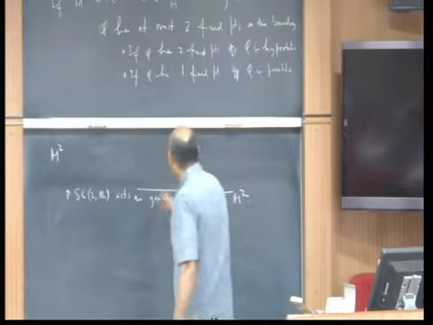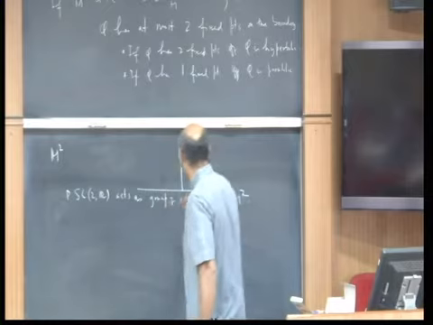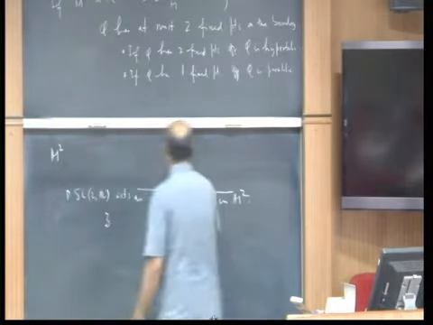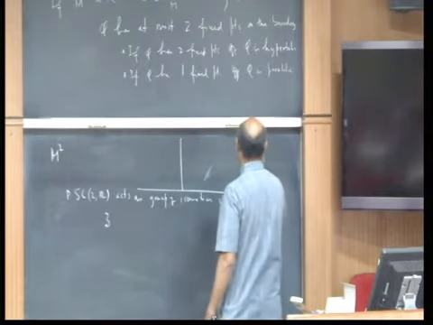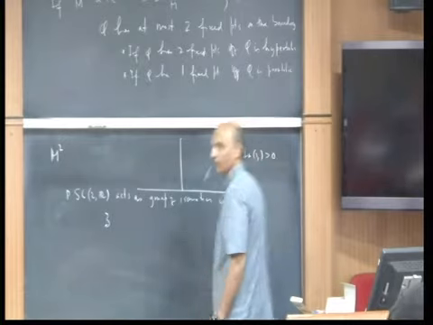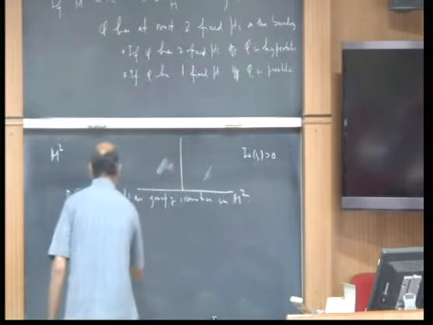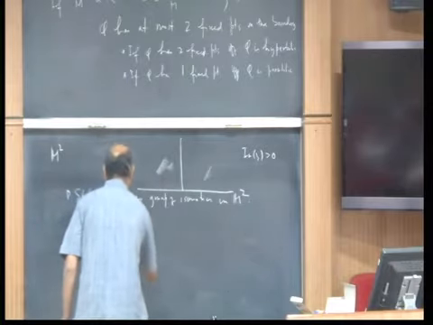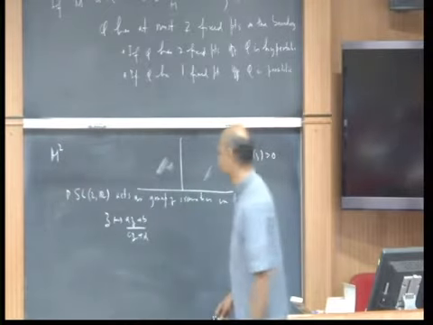Okay. So here, as you know, in this upper half plane model, we take the PSL(2,R) action on it, which means we look at complex numbers with imaginary part bigger than 0, the upper half plane. And we take this z maps to (az+b)/(cz+d) action.